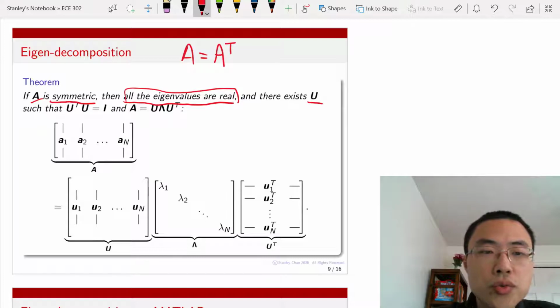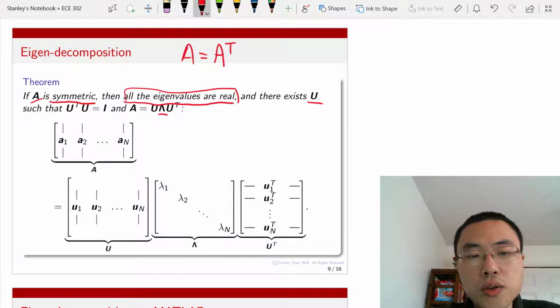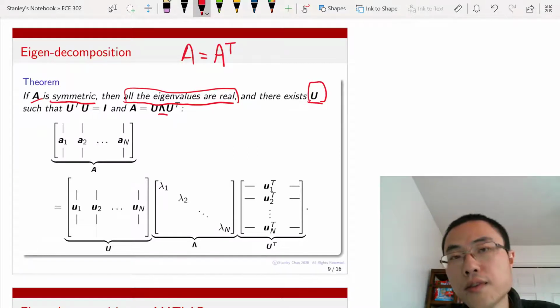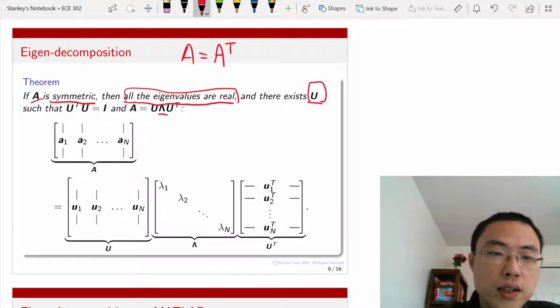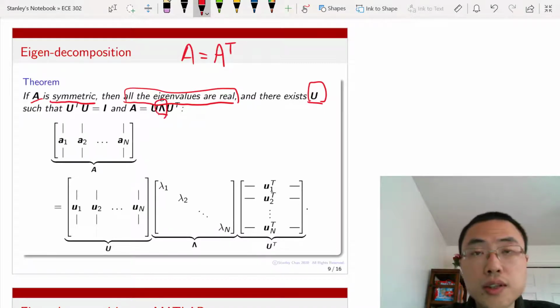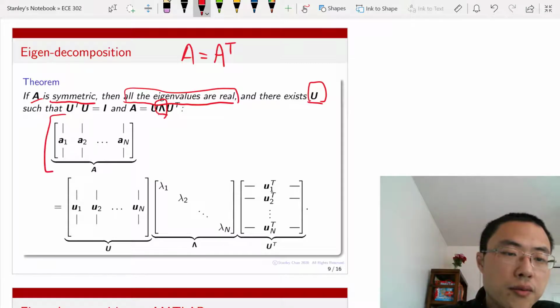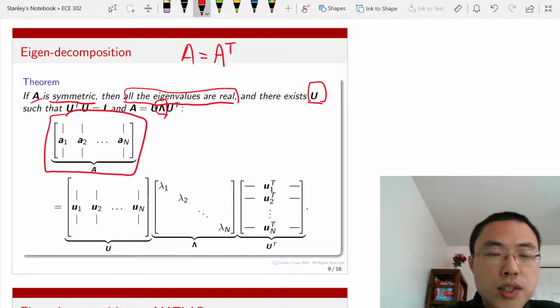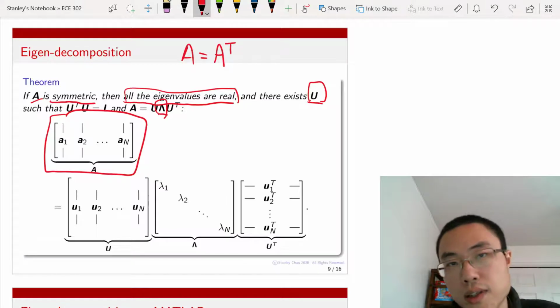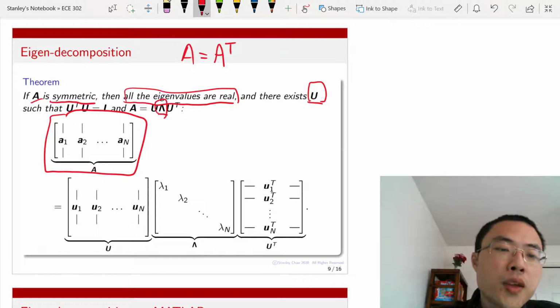exists a U, and there also exists a lambda with the following property. This U is called the eigenvector matrix, and this big lambda is called the eigenvalue matrix. You have this matrix A, which is a square matrix, and it is a symmetric matrix.